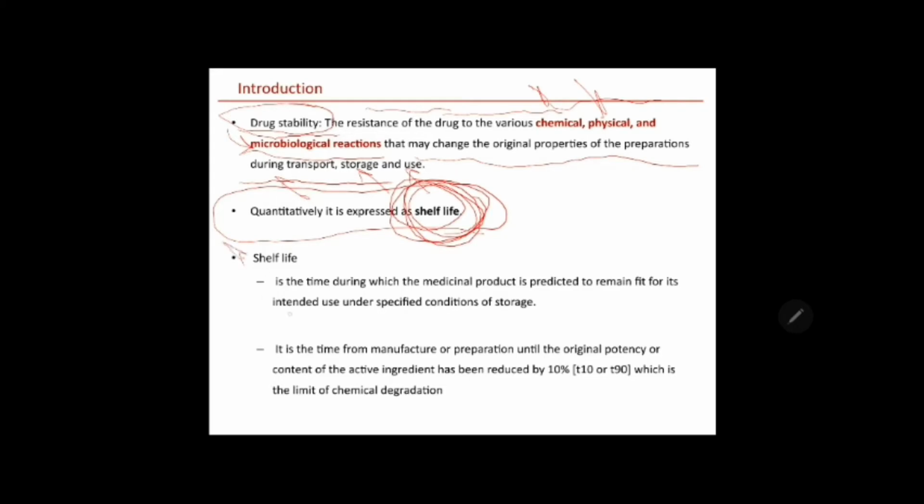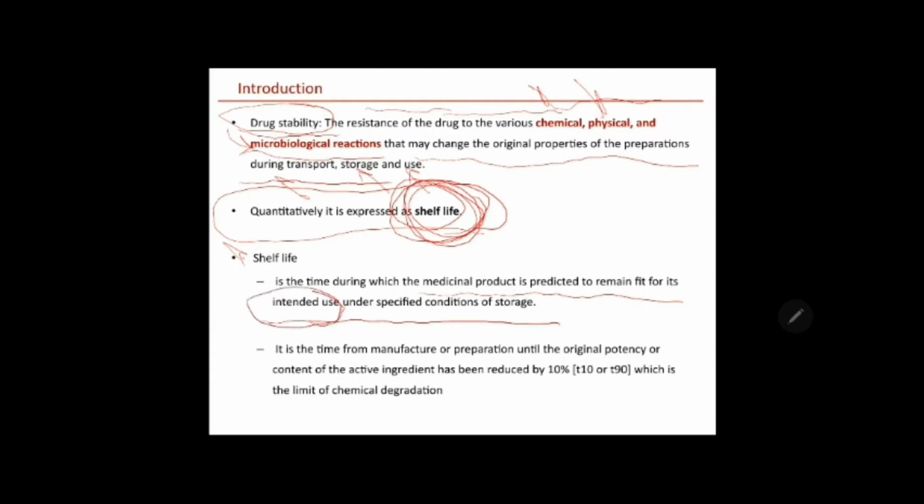Shelf life is the time during which the medicinal product is predicted to remain fit for its intended use at the specific conditions of storage. So in pharmaceutical settings, it means the duration at which the product remains fit for its intended use.